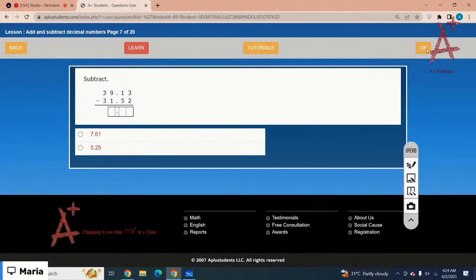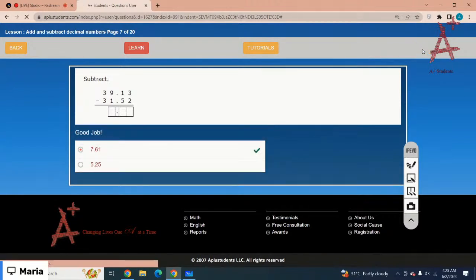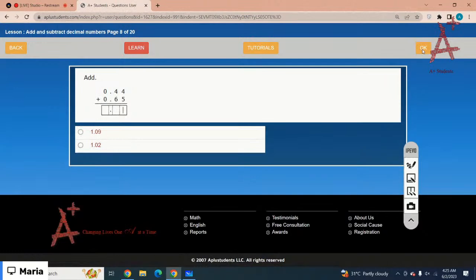Okay, again subtract. So which is the correct option? The correct option is 7.61. Got it? Okay, the next one is you have to add. So which is the correct option?